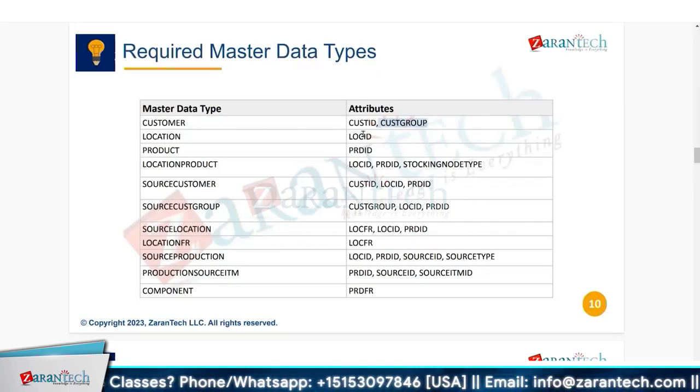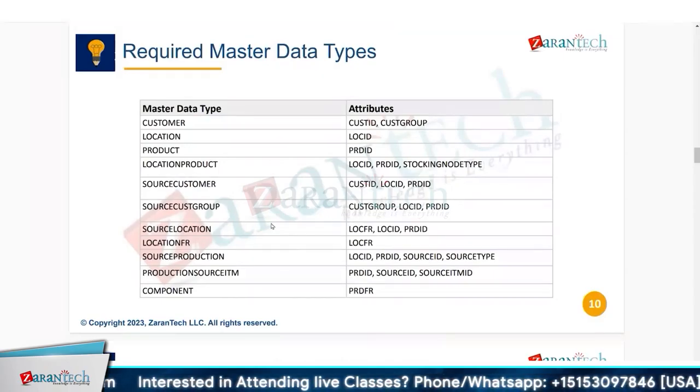So you may have some different name as well, or something else as an attribute. For location, you normally have location ID, then for product, you have product ID, and so forth. All these are examples of attributes, such as customer, location, product, source. These are combinations of attributes, like source, customer, group, so that you have the functionality of merging 3 to 4 attributes all together.